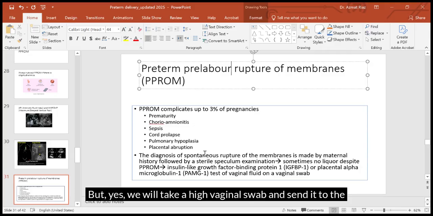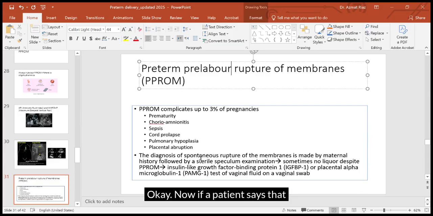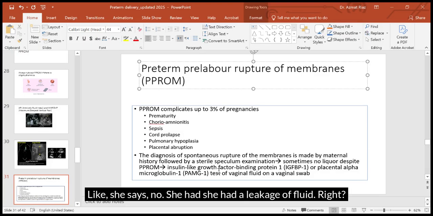But yes, we will take a high vaginal swab and send it to the laboratory to see if there are any pathological microorganisms. Okay. Now, if a patient says the history is strongly suggestive, like she had a leakage of fluid, right? On ultrasound, if we perform, there is oligohydramnios.